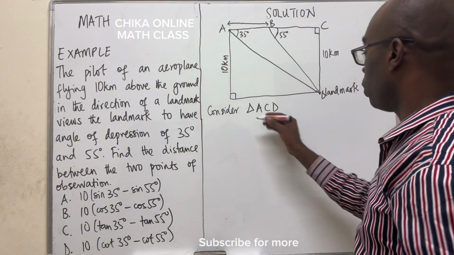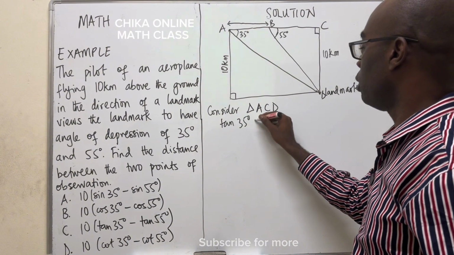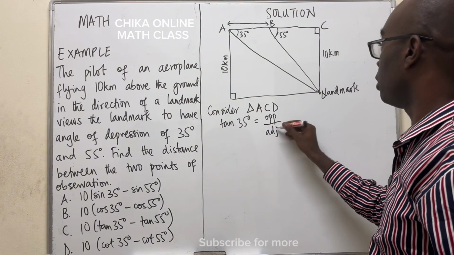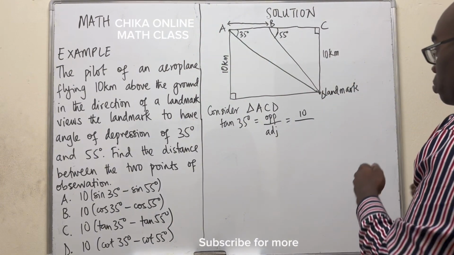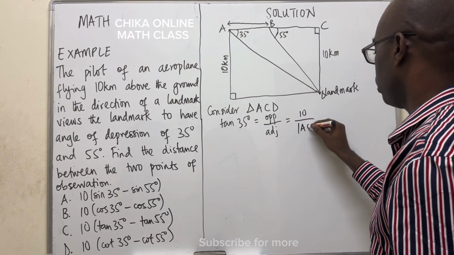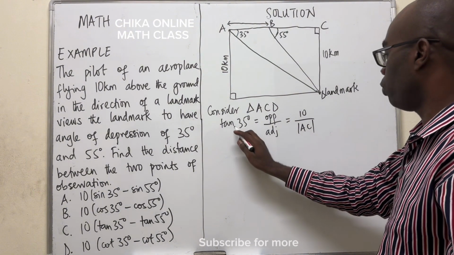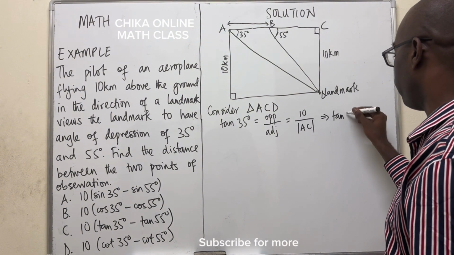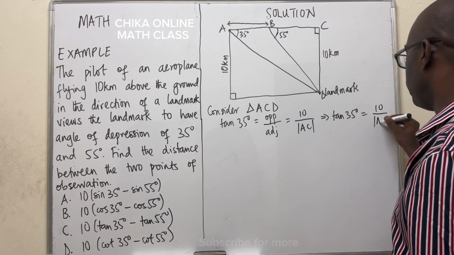So tan 35 degrees is opposite over adjacent. And the opposite is 10, over adjacent, which is AC. So we have tan 35 degrees equal to 10 over AC.